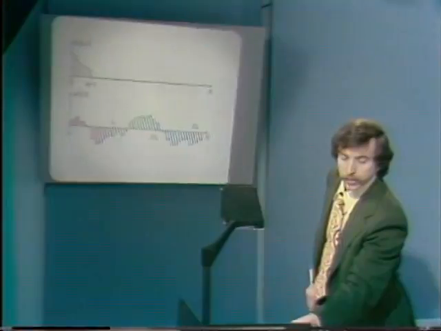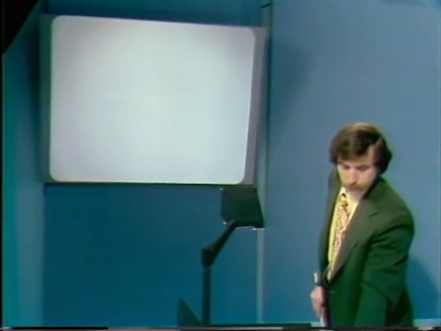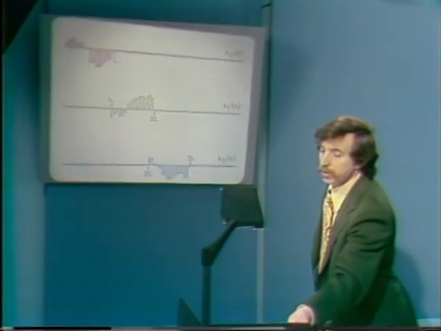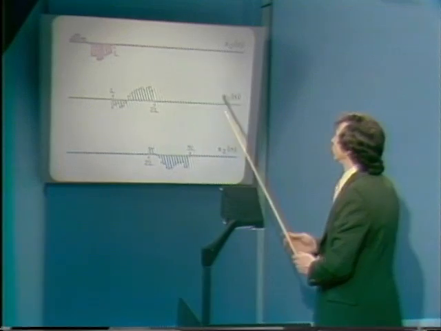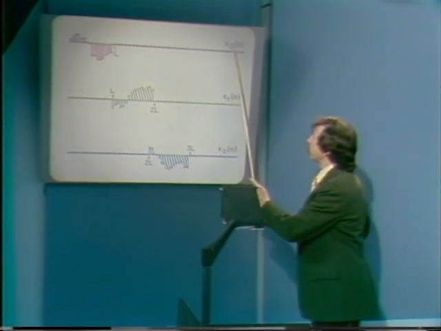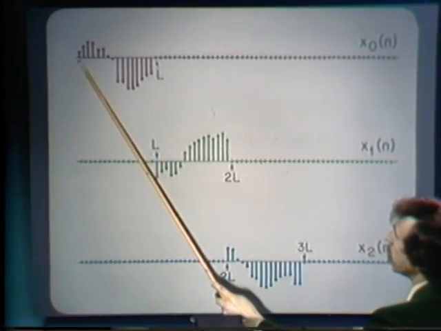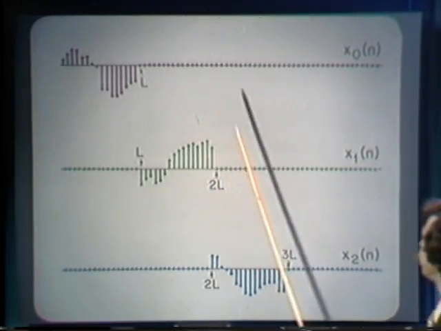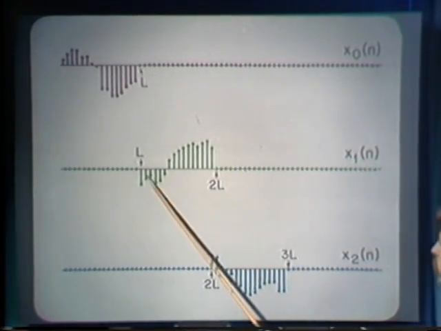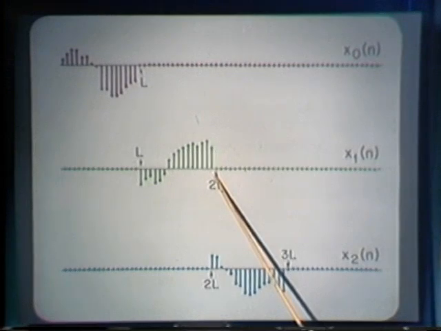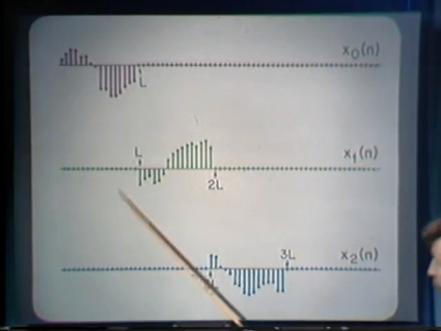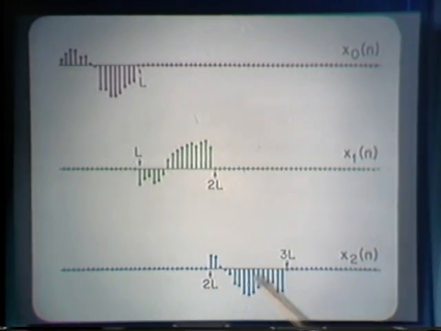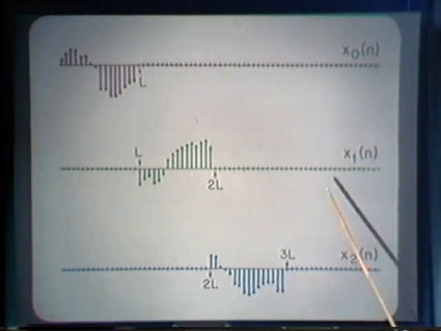And we would end up with a set of subsequences which would, for example, look like this: x0 of n corresponding to the first L points and 0 afterwards, x1 of n corresponding to the second L points and 0 afterwards and before, x2 of n the next set of L points, x3 of n the next set of L points, and we could continue on like that.